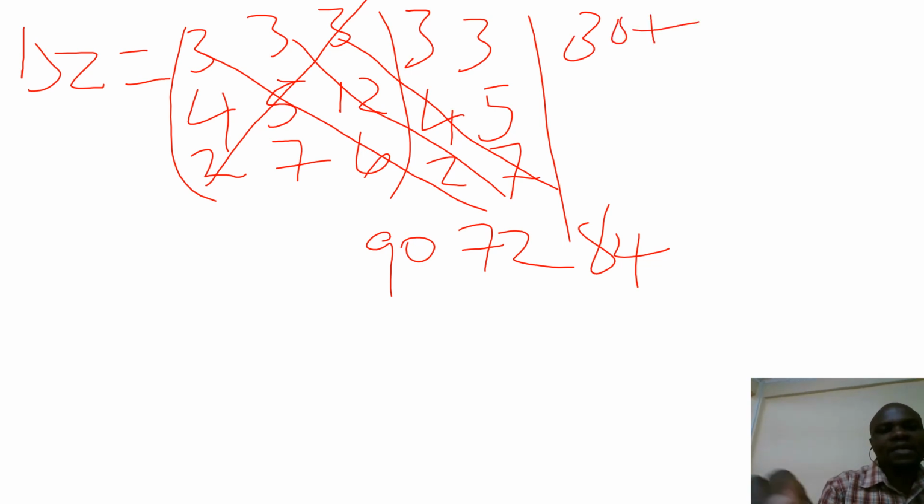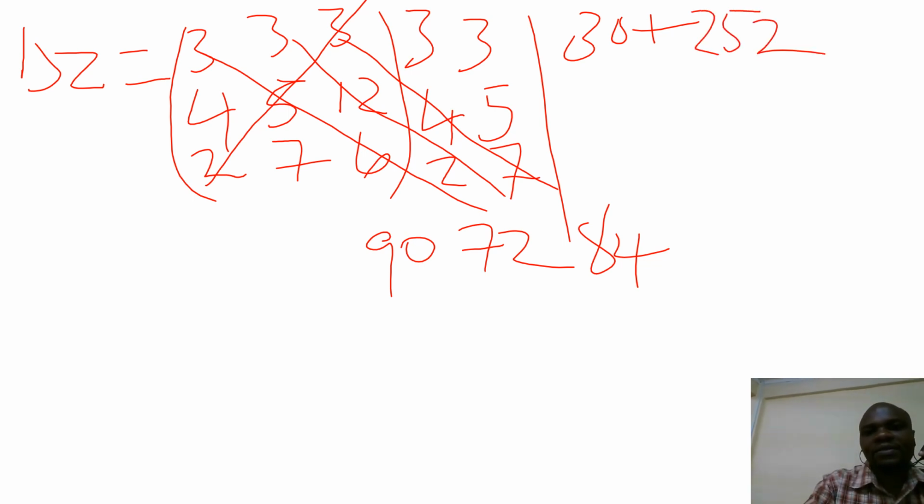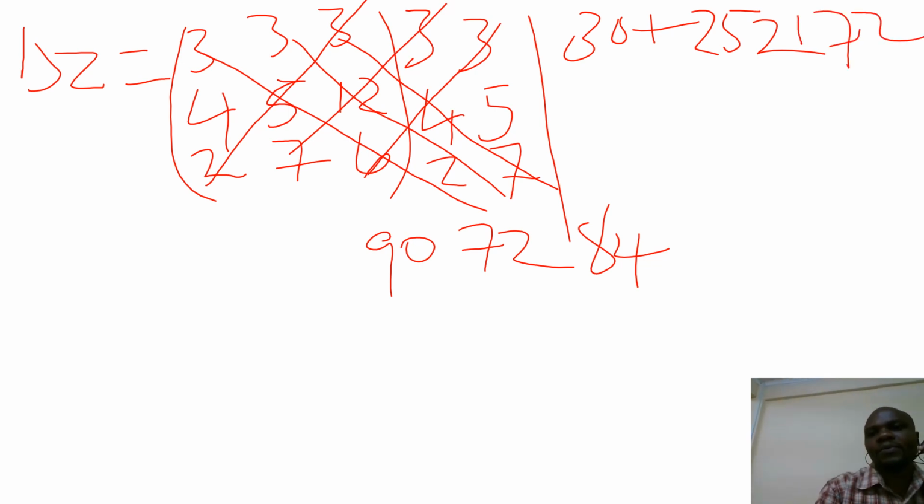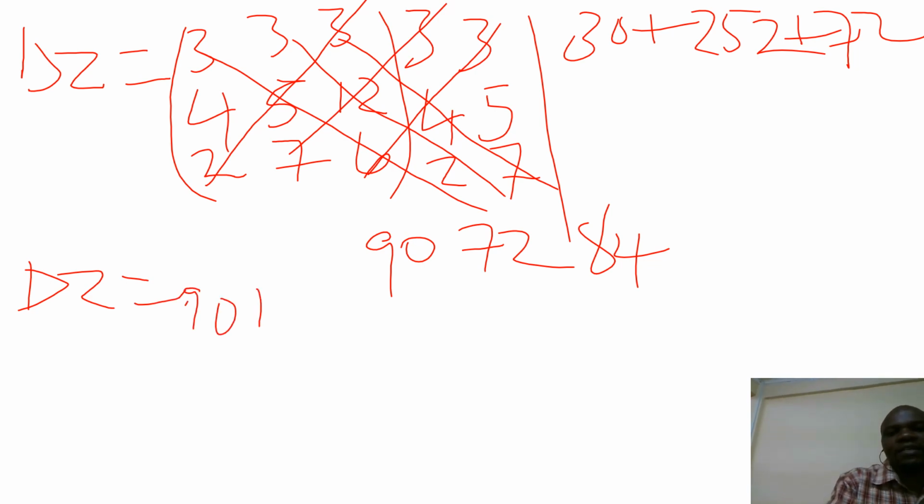Then plus, I reconsider the other one, which is 7 times 12 times 3, which gives me a 252. And then I consider the last column here, which is 3 times 4 times 2, which gives me a 72.